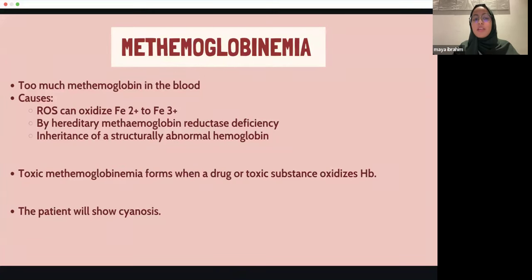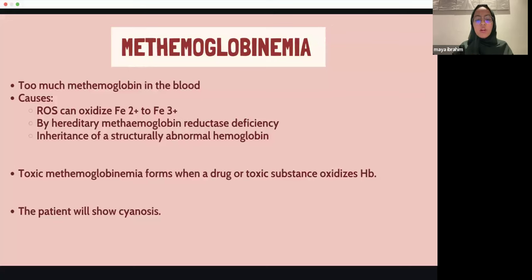This can be caused by the reactive oxygen species that we're trying to protect RBCs from. They can oxidize Fe2 plus to Fe3 plus. It can also be caused by deficiency of the methemoglobin reductase enzyme, or the cytochrome b5 reductase. Or your hemoglobin could just be structurally abnormal. You can also get it through drugs or toxic substances that oxidize hemoglobin.